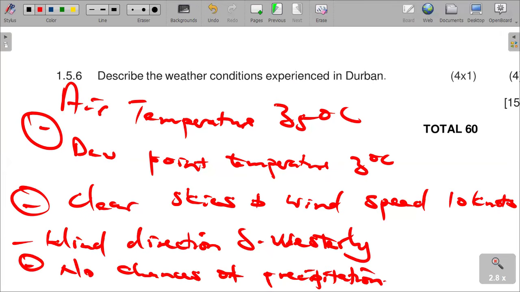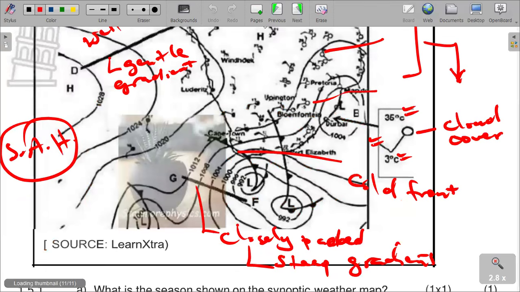All those are given. These are the readings that we are looking at: the southwesterly wind direction, the wind speed, the cloud cover, and also no rainfall chances.